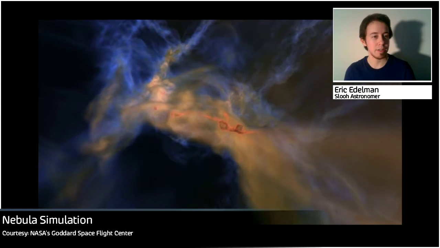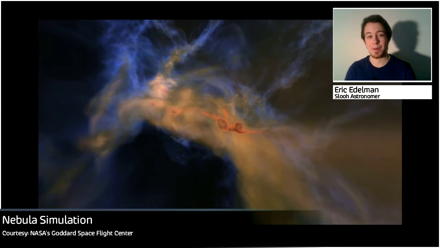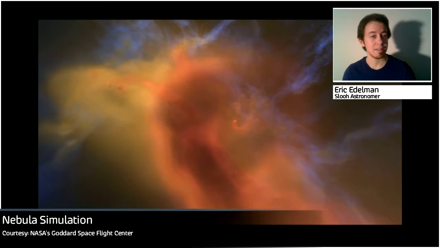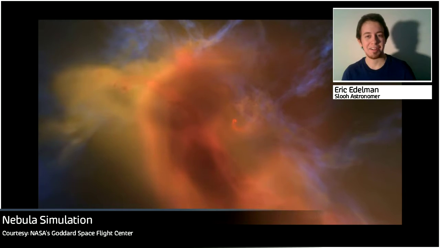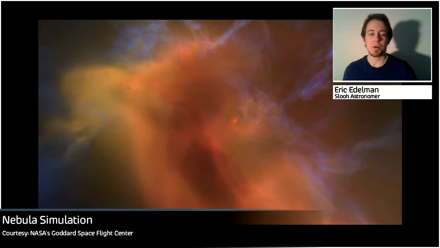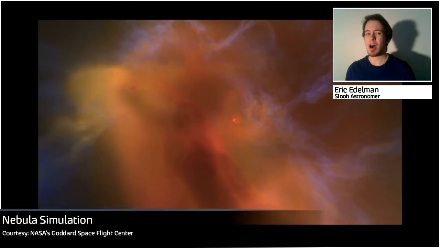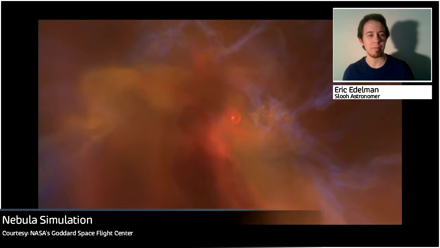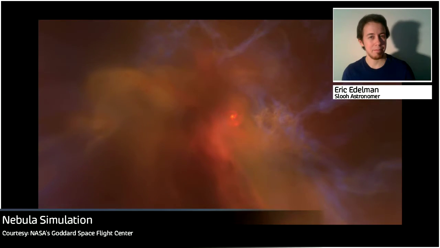Many solar systems about our size can be made out of this. It's a huge factory of creation. So this is not real. This is not an image. This is a simulation that we've made of this sort of event.